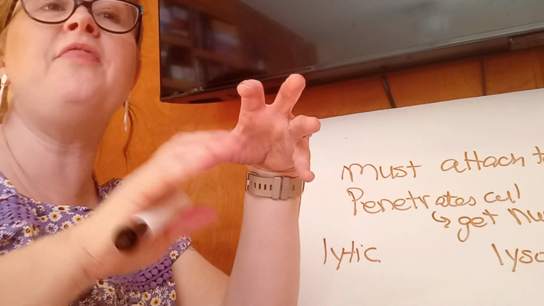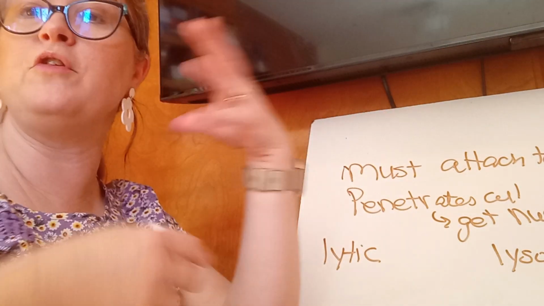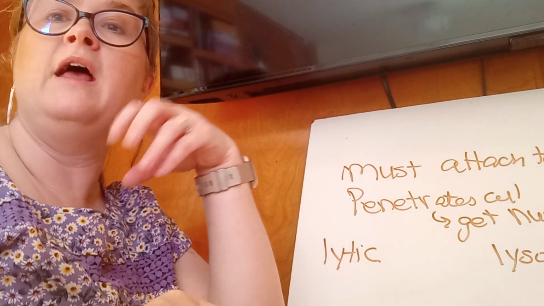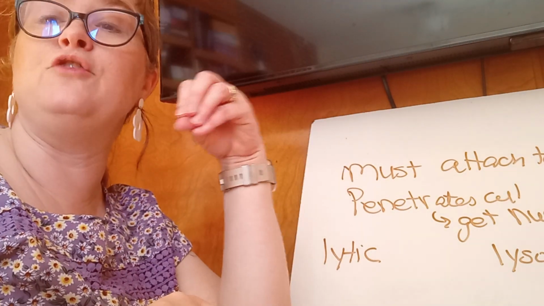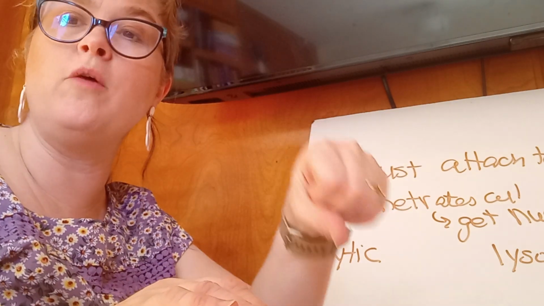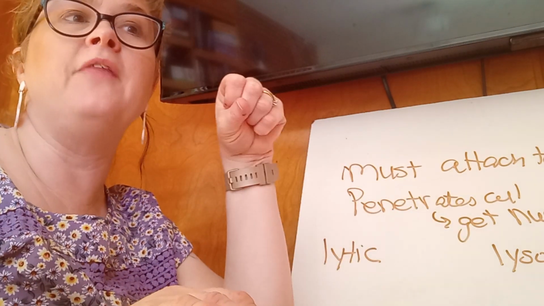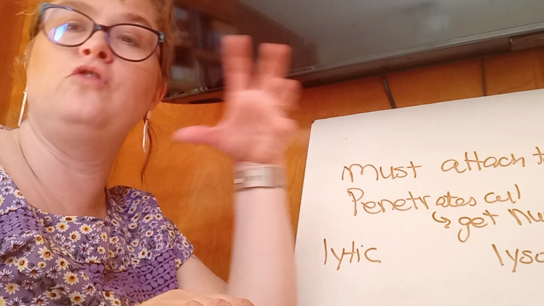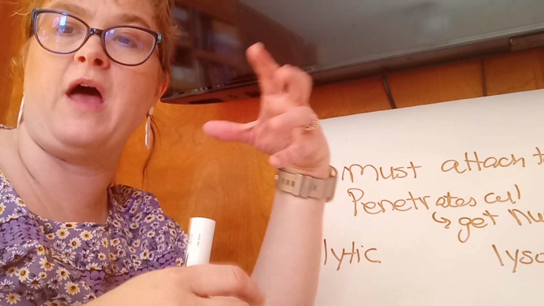Okay? Then that cell just goes about its life reproducing and reproducing and reproducing, right? And new cells are reproduced. That virus then can lay dormant, which means it doesn't show up. And it just lays dormant inside that cell. And then when a certain condition happens, it will trigger that to react, and then the virus comes out.